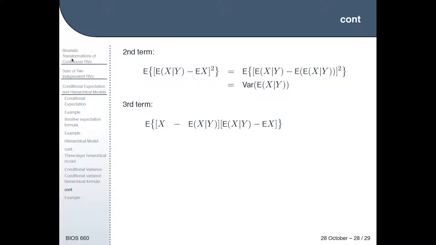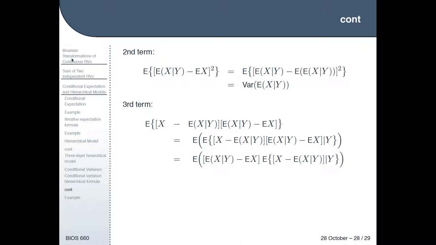Expected value of (X minus E[X given Y]) times (E[X given Y] minus E[X]). Well, once again, using the iterative expectations formula, that's the expected value of everything inside given Y, and rearranging the terms, that gives the expected value of (E[X given Y] minus E[X]) times the expected value of (X minus E[X given Y]).